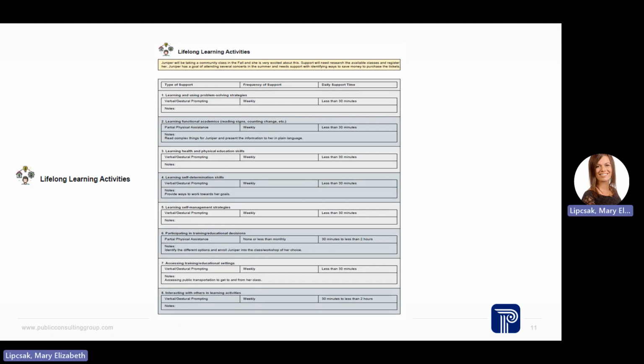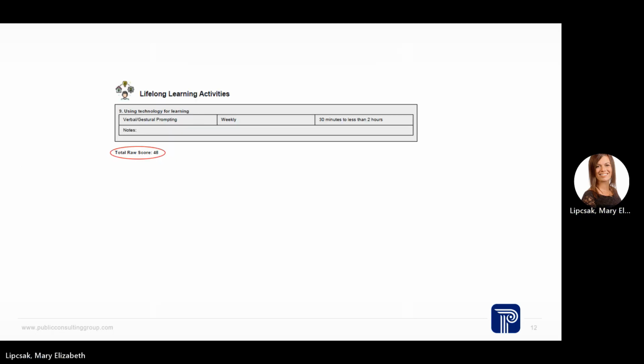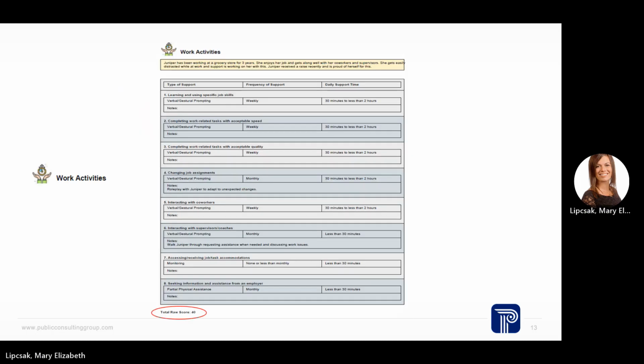For lifelong learning activities, Juniper's raw score was 48 points. For work activities, Juniper's raw score was 40 points.